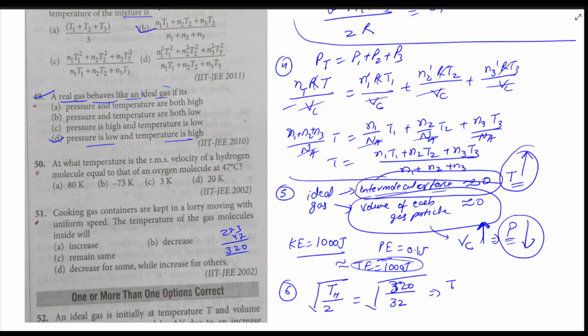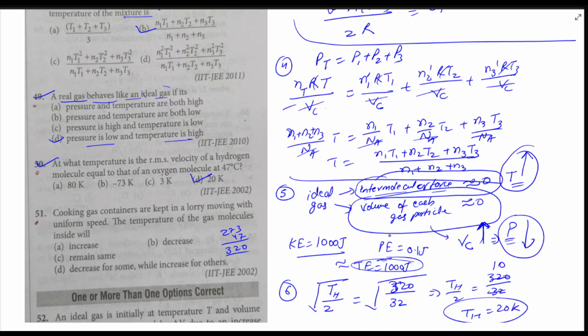If you square them, T_H by 2 equals 320 by 32. So we have 10, so T_H will be 20 Kelvin. Quite a low temperature, but perfect. So 20 Kelvin, it will be option D, right?